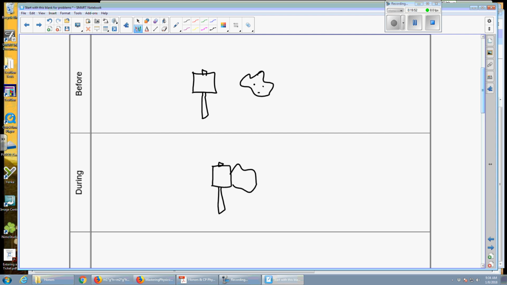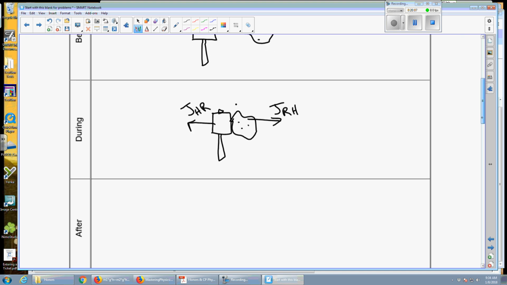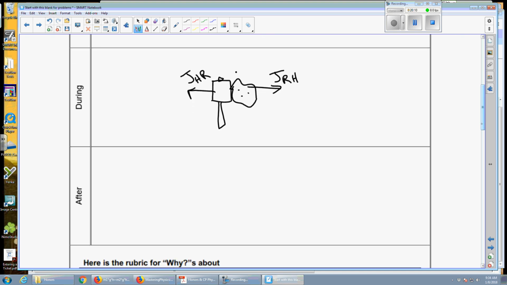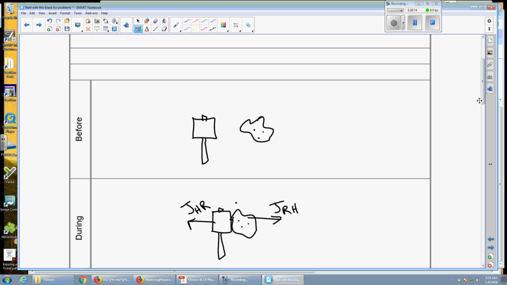During, hammer hits rock: impulse on rock by hammer, impulse on hammer by rock. Afterwards, actually, whoops, I messed this one up. Momentum of hammer, I would say. Otherwise, they're never going to hit, but you would swing the hammer, right?